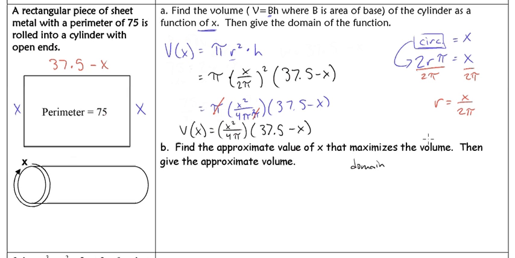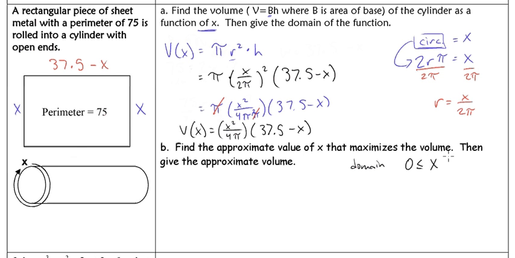Domain will be 0. We could just have a straight line, and it couldn't really actually be 0, so it's going to be less than. And I suppose you could make an argument that it could be or equal to, and we'll go ahead and make it equal to. We just won't have a volume at that location.